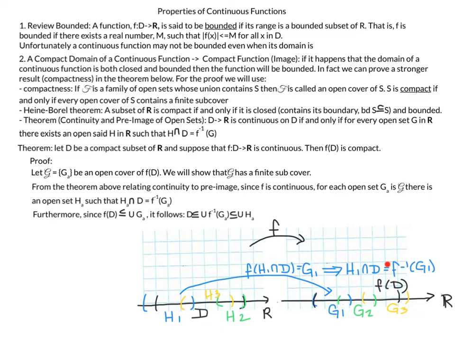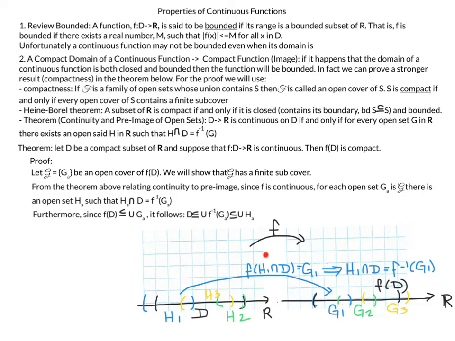And I have what I just said written here in blue. So G1 is part of my open cover for f of D. And so there is an open set over here that when you intersect it with the domain and take the function, f of H1 intersected with the domain is going to exactly equal G1.